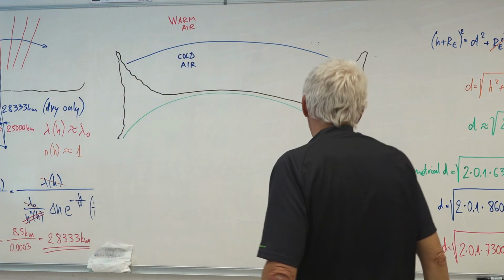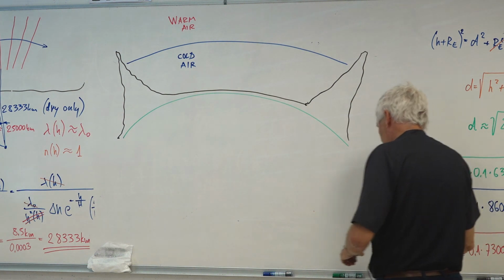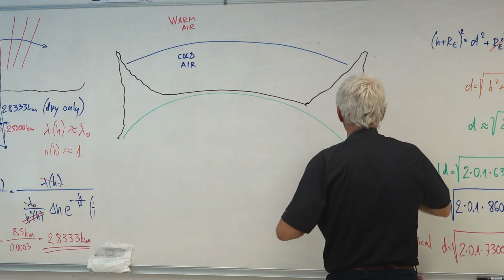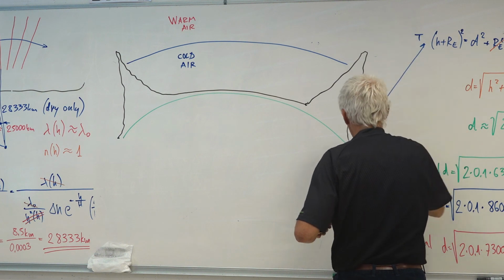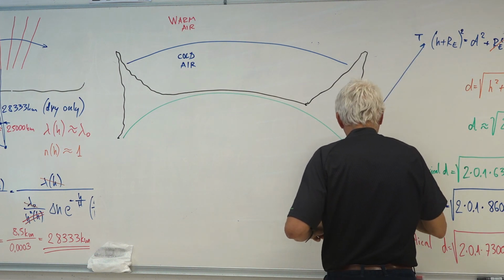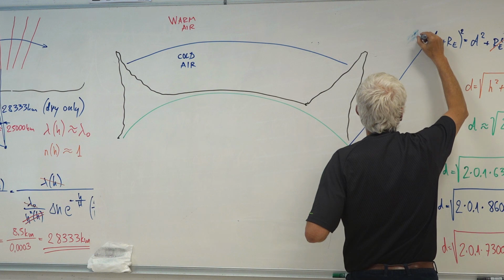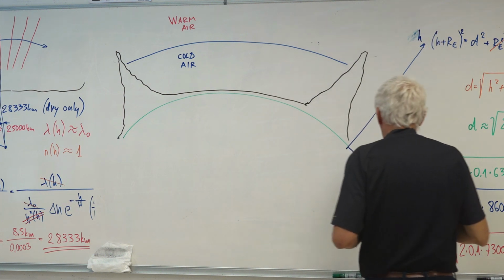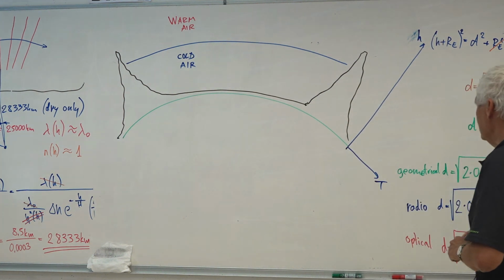What happens now in this case? So if I try to draw here the temperature with altitude, this is temperature, this is altitude. Altitude is h here. What happens with temperature?